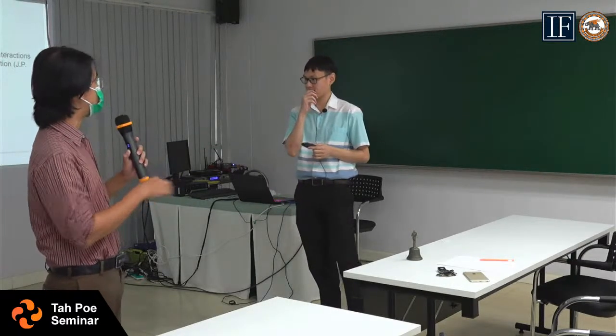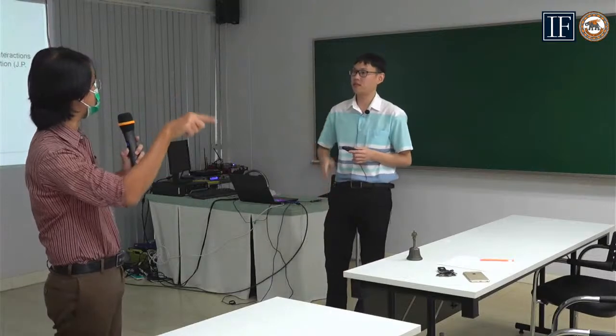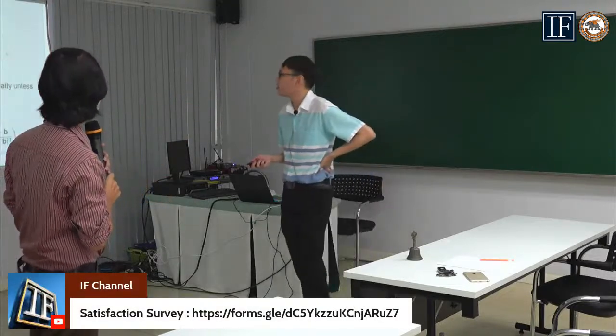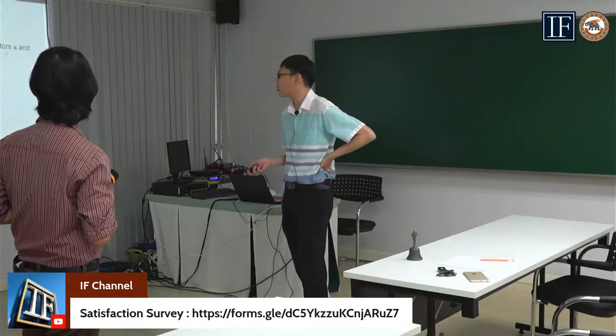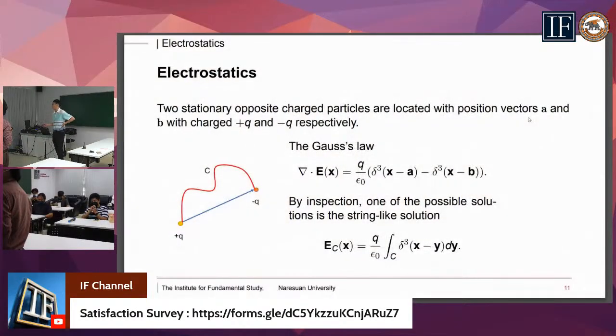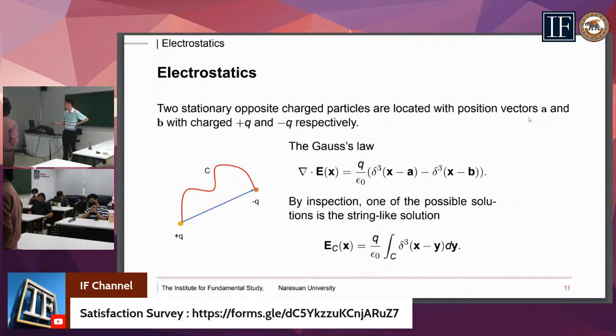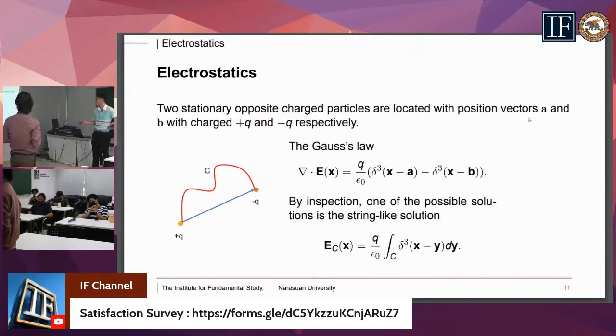But the value of the function is not infinity, or is it infinity? It is the integration. I don't think so, because it is actually an integration. It has a value at the point, but zero outside.